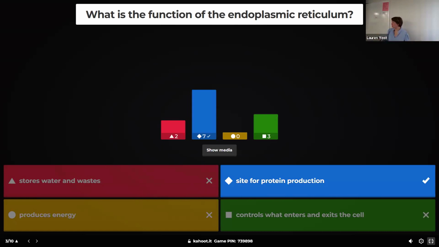Understanding the basic parts of the cell and what their structures are can help us get into that mindset of how it works. So the correct answer here was that the endoplasmic reticulum is the site for protein production.